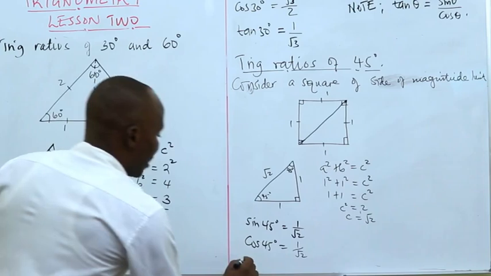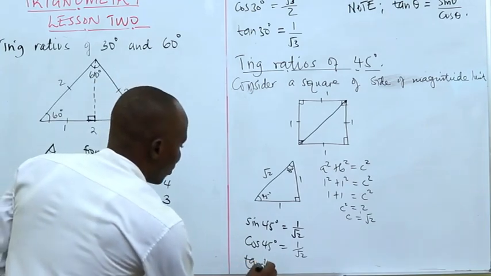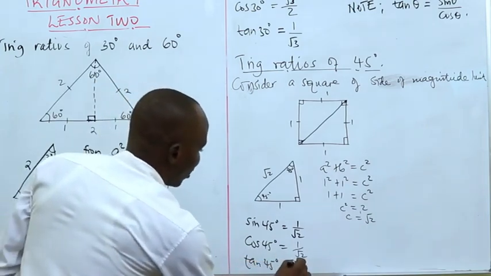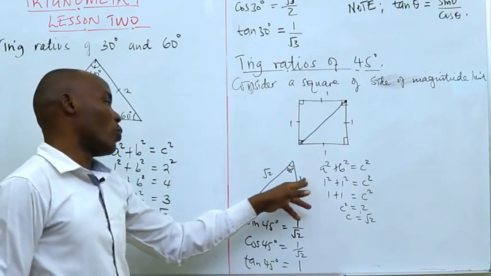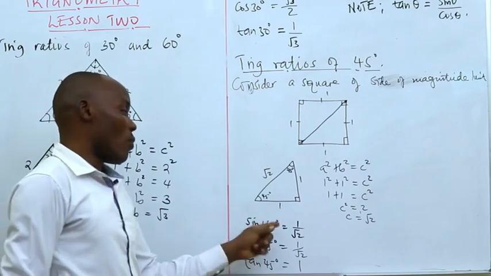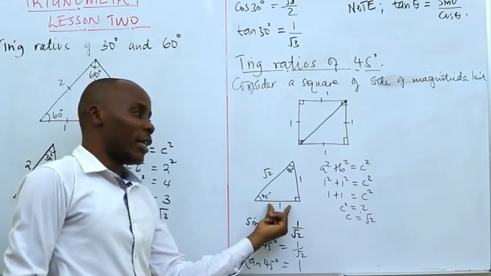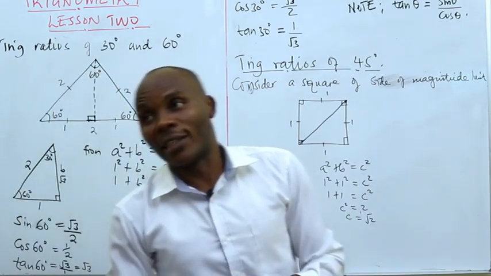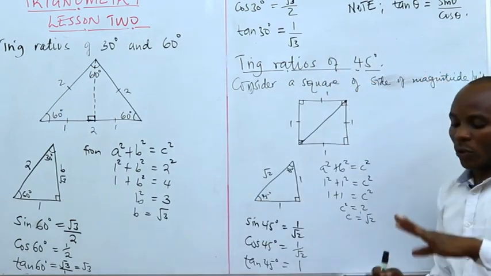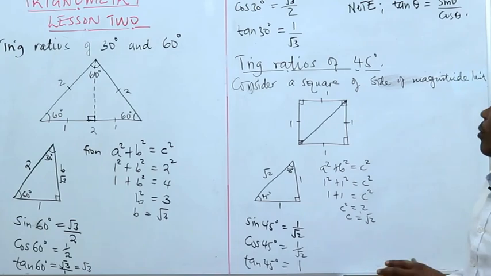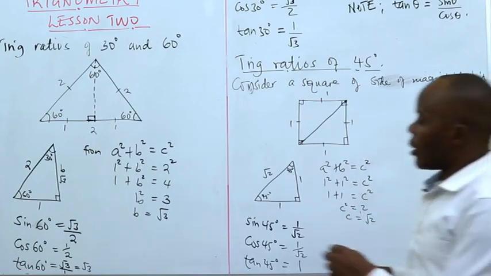Okay? And tan 45 degrees, this one is what? 1. Why? It is opposite to this 45, which is 1, divided by the adjacent, which is also 1. So 1 over 1 gives you a 1.